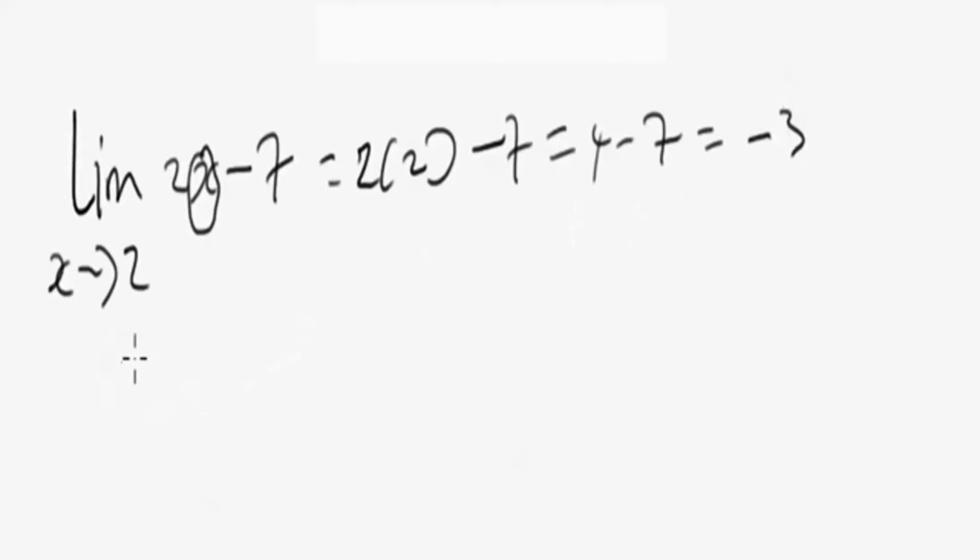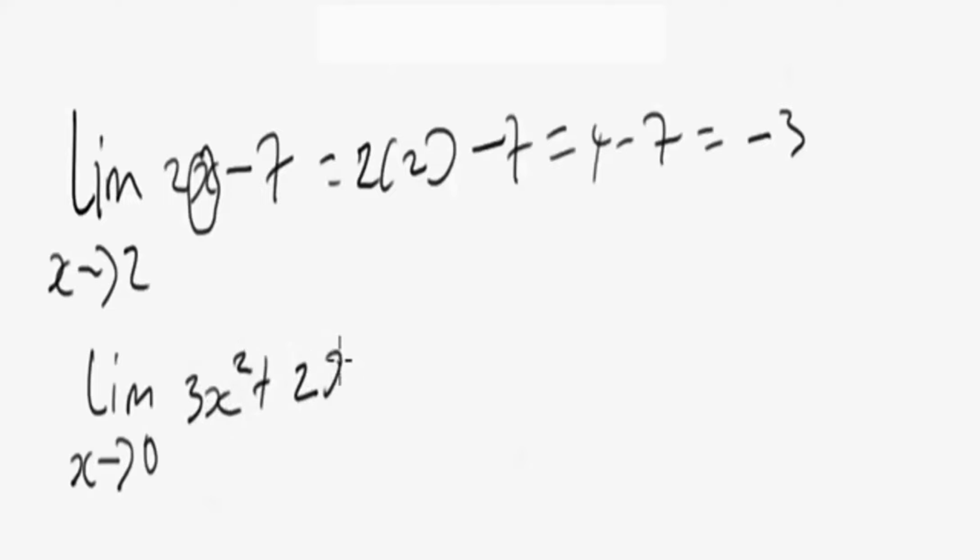Another example that involves the substitution method. Let's say you are given a question of this nature: limit x tending to 0 of (3x squared plus 2x plus 1), all in brackets. Very simple.